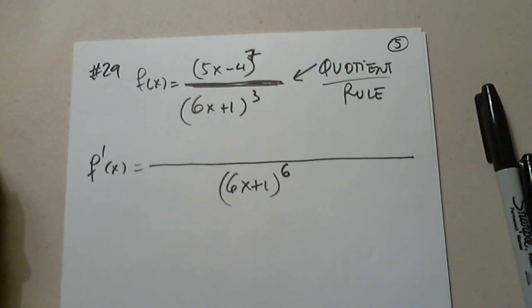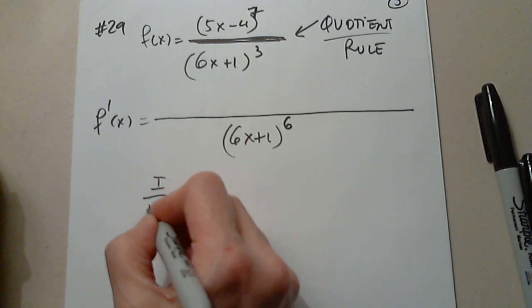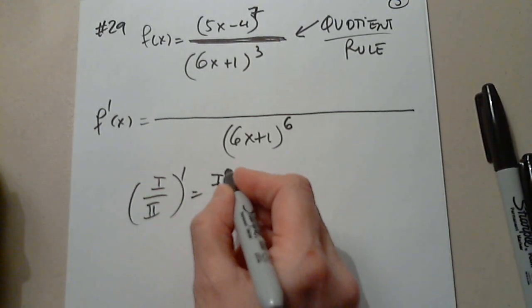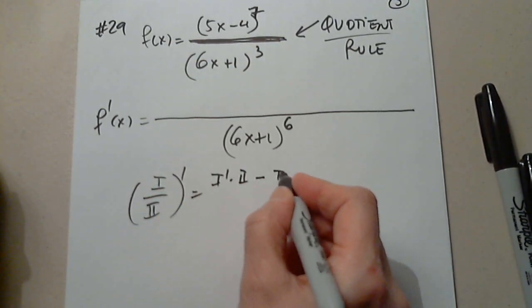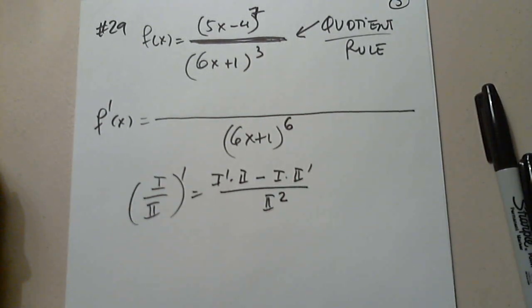Good. So now, careful with the numerator. Let me write the formula one more time here. So 1 divided by 2 prime is 1 prime times 2, minus 1 times 2 prime, over 2 squared.